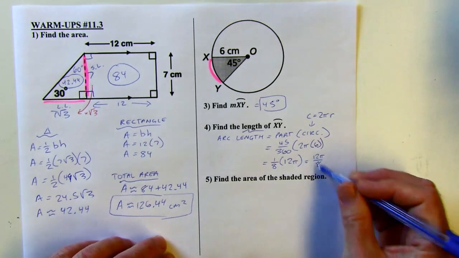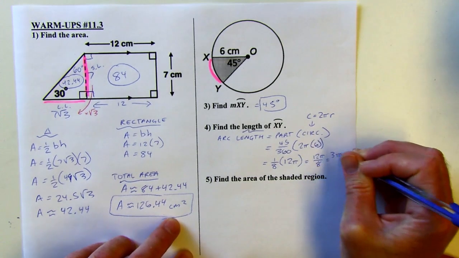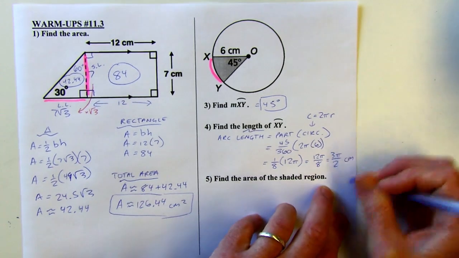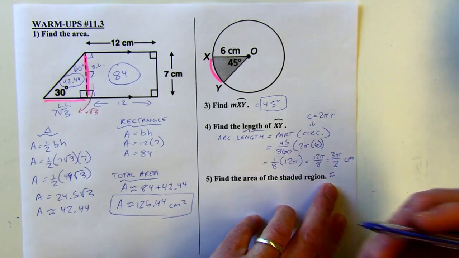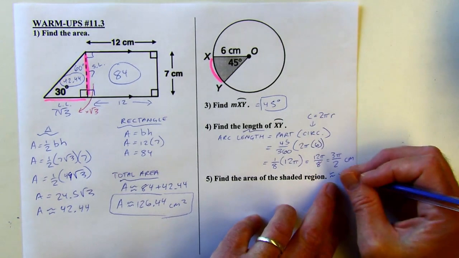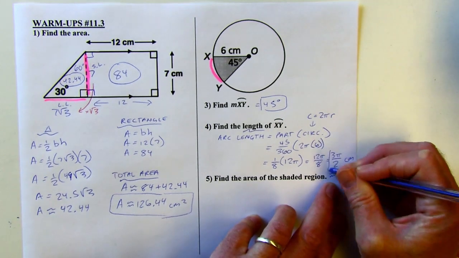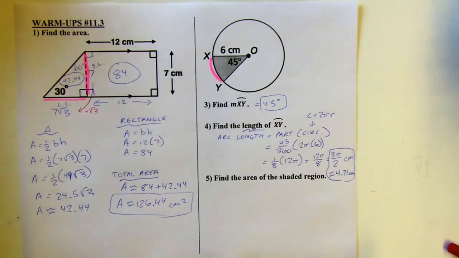Let's go ahead and reduce the 12/8 to 3 over 2. So 3 pi over 2. Okay, so it's this many centimeters, or if you wanted to do a decimal, you could take 3/2 times pi, or 1.5 times pi, and that would give you 4.71 roughly. Okay, so either one of those works.